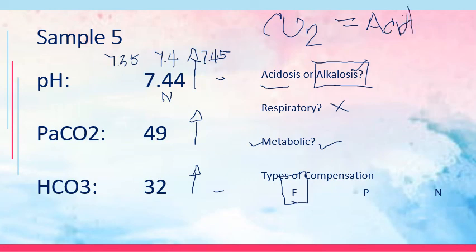Hence, we have the respiratory compensation. In other words, if your patient is having metabolic alkalosis, what will your lungs do? Your lungs will try to conserve carbon dioxide, just to increase your carbon dioxide levels and to increase the acidity of your blood.